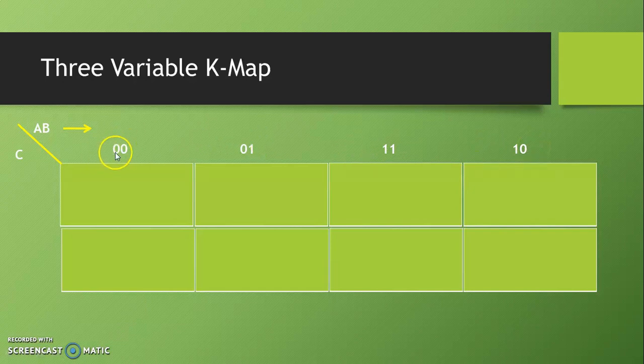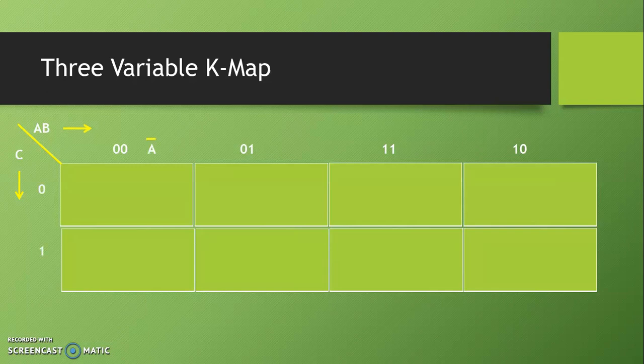So we write like this: 0 0, 0 1, 1 1, 1 0. This is very important and you should always remember, if this is wrong, then your whole K-map and simplification goes wrong. For C, we take downward values, so 0 and 1.